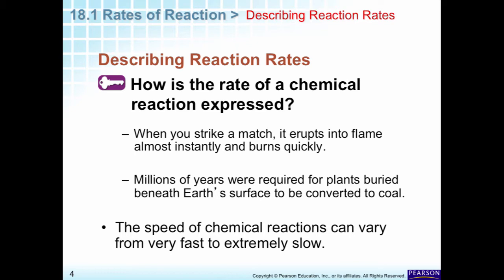That took millions of years to become coal. What was it before? It was plants that died and then kept on being buried by more and more dead plants and then compacted by pressure to make coal. So in the first case, the striking of a match is very, very fast, whereas the making of coal in the ground is very, very slow.